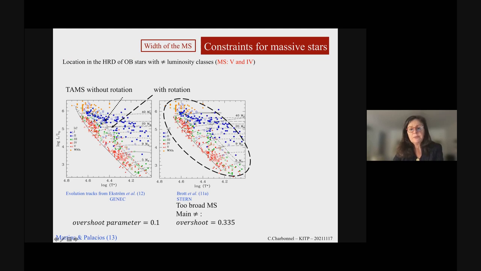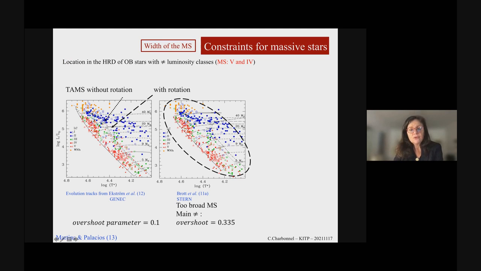And here you have predictions for similar physics by another code by Brott et al. And you see that in these models, the extent of the main sequence is very large, and you have many stars which are actually later type stars, which are included in this main sequence width. So that means that in that case, the width of the main sequence, which is predicted, is too large.